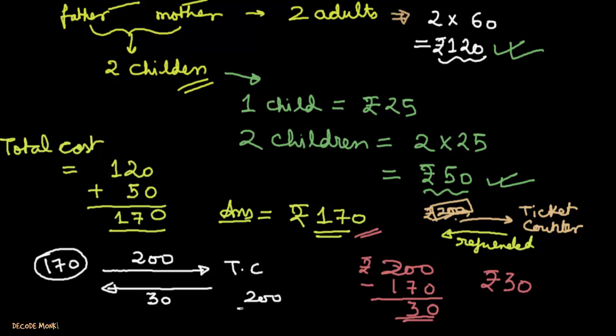So 200 minus 30 is 170. So effectively you have given rupees 170 at the ticket counter for the tickets of two adults and two children. So this refunding of money is to be understood also via this question.